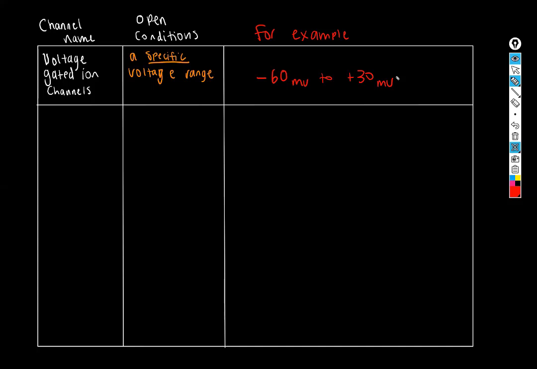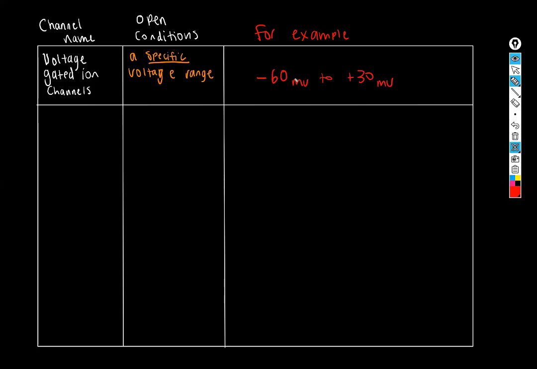Your book does this thing where it gives you these voltages in a chart, and it would have you believe that they're all the same for every neuron. That's not actually true. Different kinds of neurons and different kinds of ion channels have different sensitivities. But your book glosses over that because you could devote an entire textbook to the kinetics and behavior of ion channels. So they're just like, it's this, because we say so.